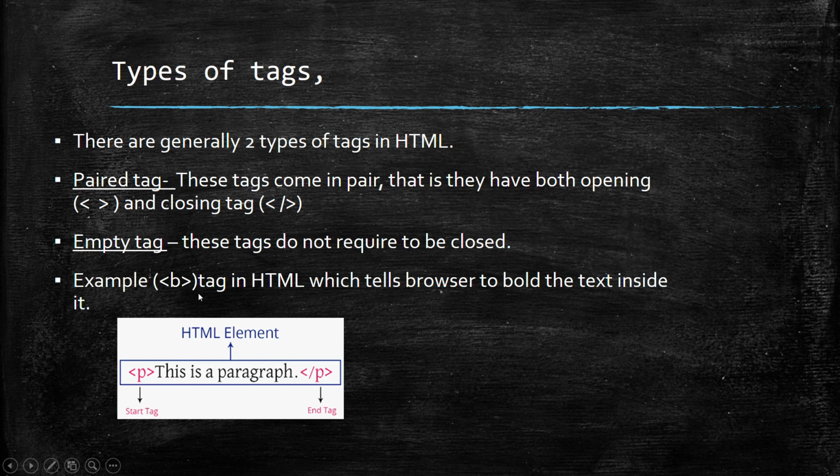For example, the b tag, that is the bold tag in HTML, tells your browser that the text inside the tag is going to be bold. So it is an unpaired tag. It does not require a closing tag.